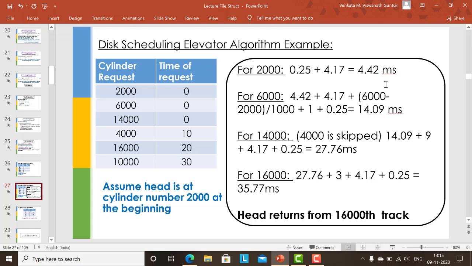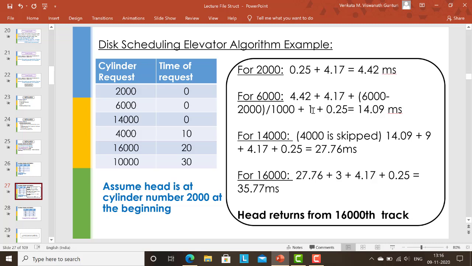So this is the amount of time that I am going to require for passing over 4000 cylinders, right? So I said 1 millisecond per 1000 cylinders, so therefore for 4000 cylinders I will require 4 milliseconds. And I said that one extra millisecond over here is because of the initial inertia of start and stop, right?